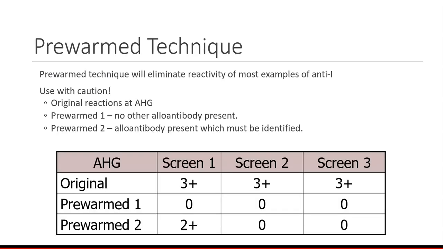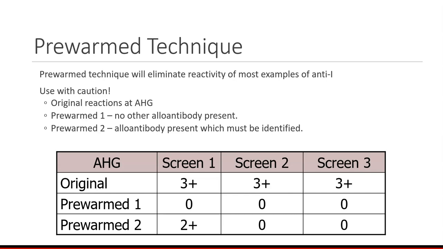Another review of the pre-warm technique, because I want you to know it, it's one of the tools we have in our toolkit. The pre-warm technique will eliminate reactivity of most examples of anti-Big I. You must use it with caution. So again, the original reactions at Coombs was 3+, 3+, 3+.